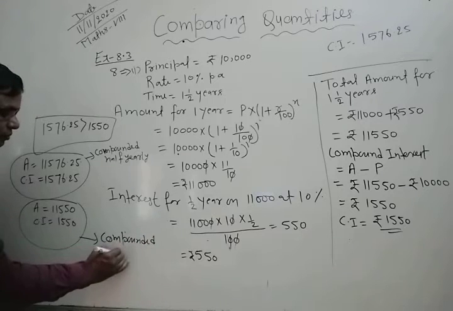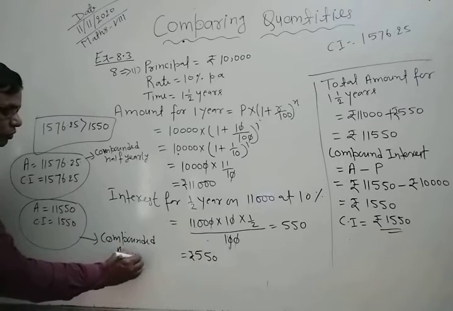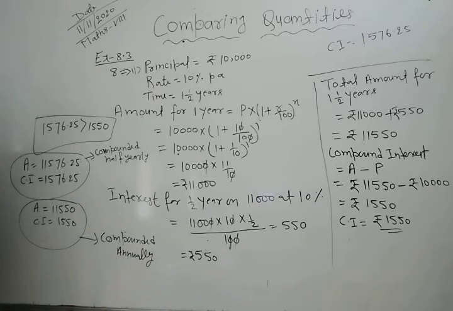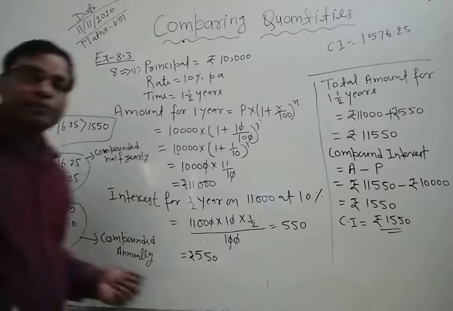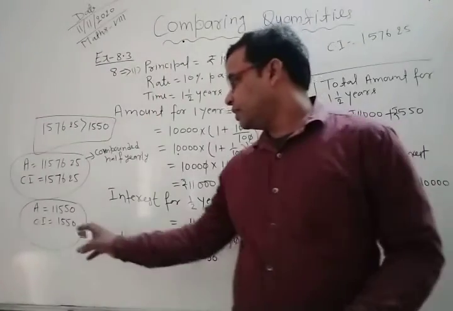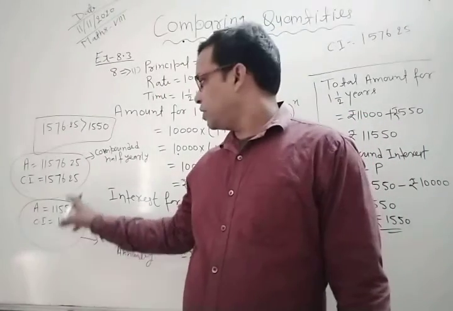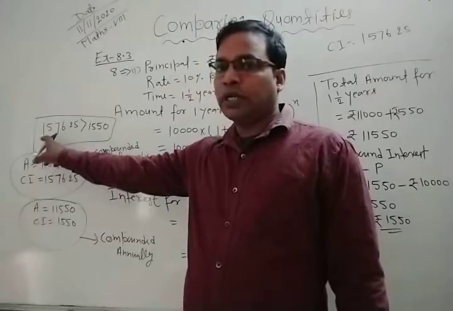So here the compound interest compounded half yearly is 1,576.25, and the compound interest compounded annually is 1,550 rupees.